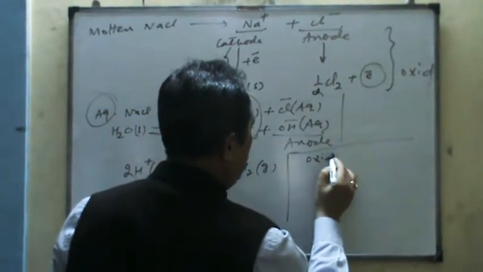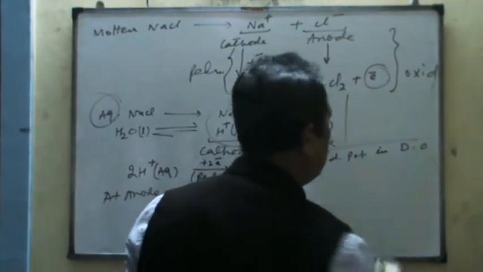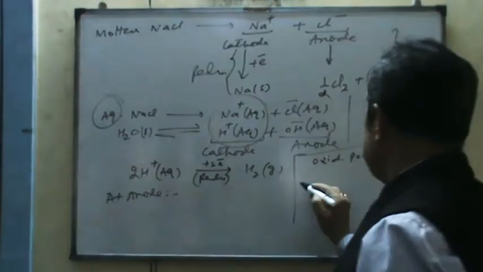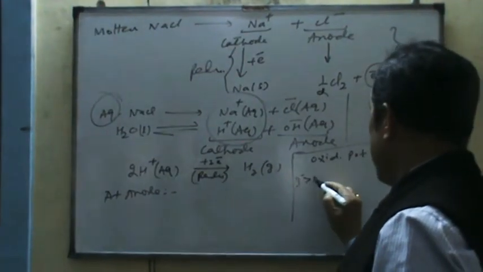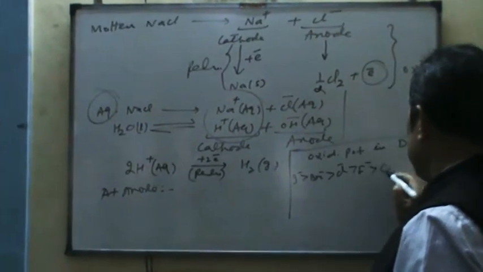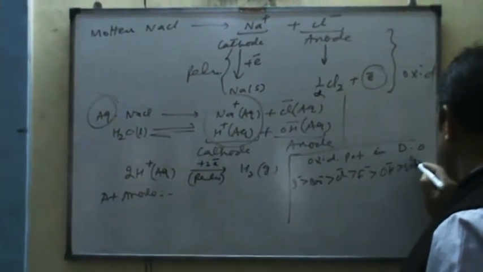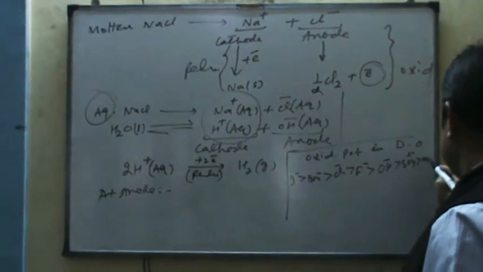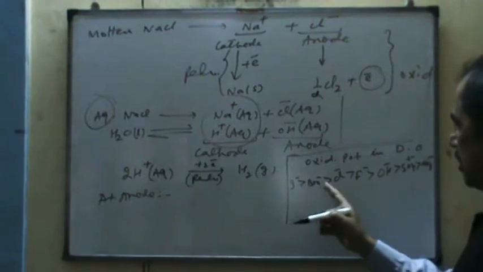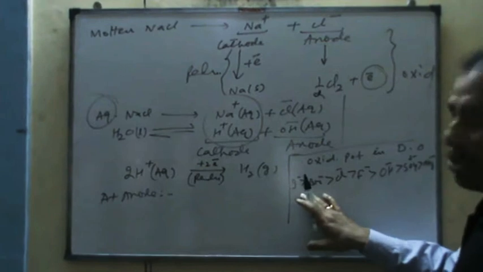The decreasing order of oxidation potential: iodide is at the top, then bromide, chloride, fluoride, OH negative, sulfate negative, and finally nitrate ion. So you see this parameter? It will be very helpful in solving questions from the exercise.